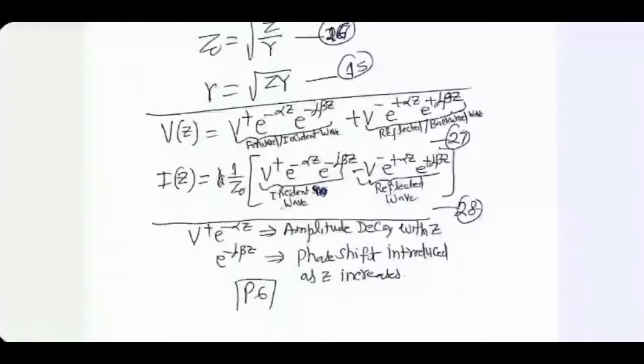That means the amplitude of the term will go down as the wave travels along the length of the line because of this factor. The second part of this component, the third term, is e to the power minus j beta z, which is a purely phase term. So the signal will also undergo a phase shift as it travels along the length of the line.